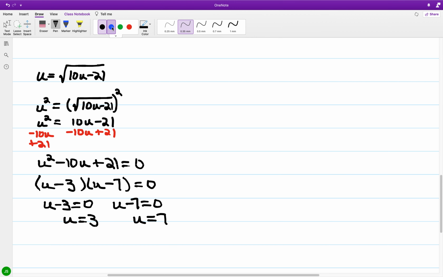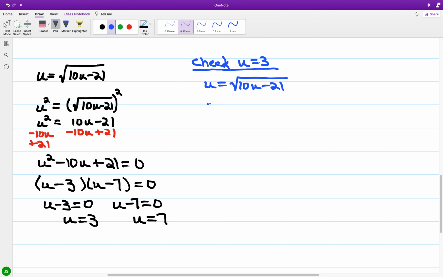Now, if we check the results, starting with u equal to 3: you do not have to write this out if you can see it visually and you're consistent, that's fine. But I want to mention that again, there's the possibility of extraneous roots that will not qualify as solutions in the case of even root radical equations.